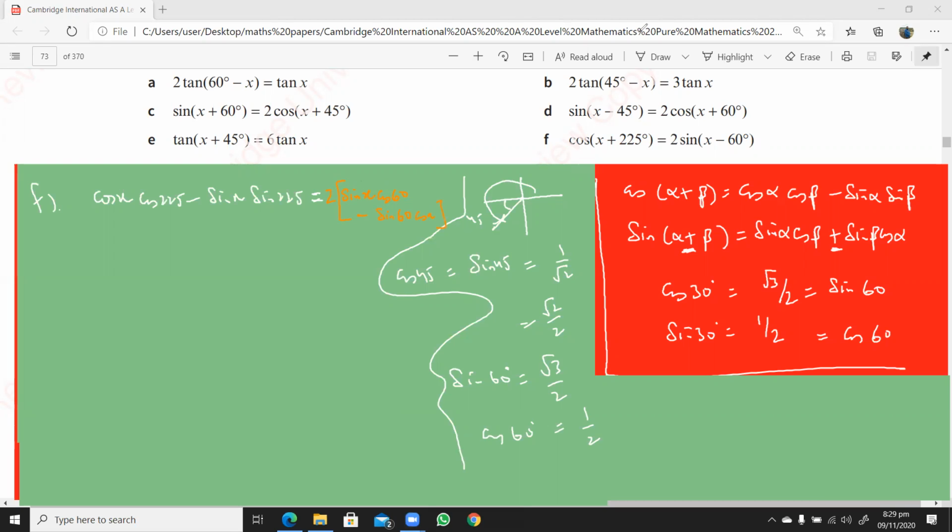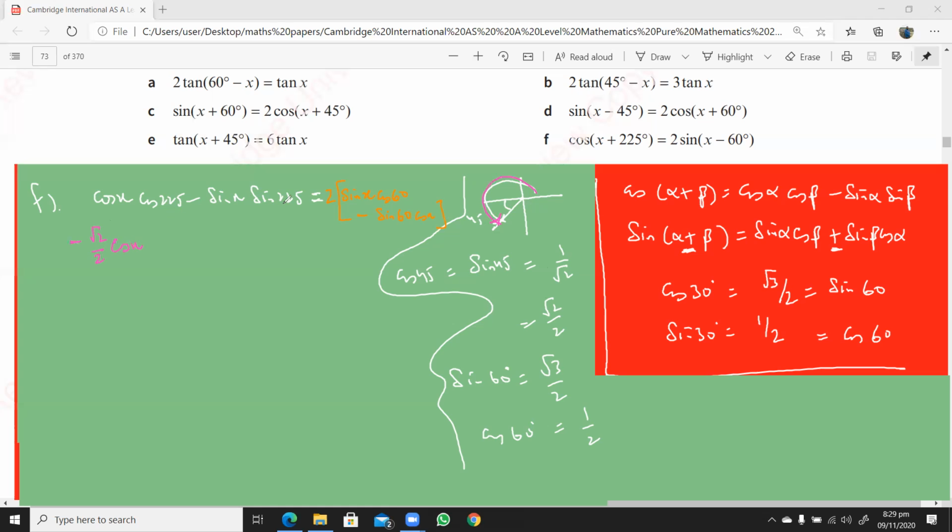Now we have determined that cos 225 is basically, this is your 225 over here, so this is going to be minus cos 45. So this is minus under root 2 over 2 cos x.